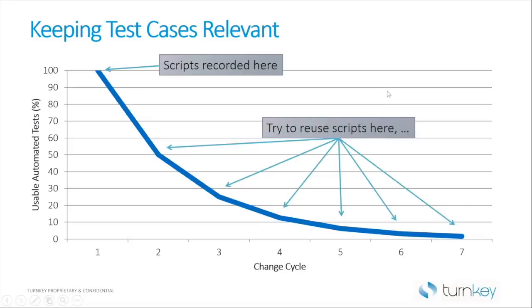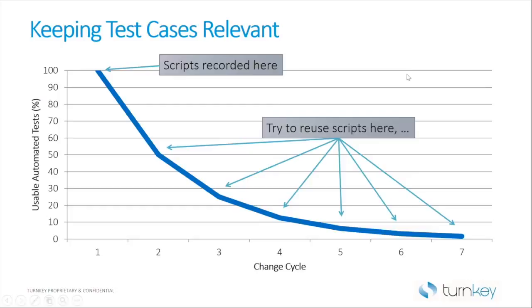Software maintenance cost estimates range from 50 to 75% of the overall software lifecycle cost. As the graph on this slide indicates, the usability of automated test cases rapidly decreases over time as an application changes, thus making maintenance of traditional record and playback automation test cases extremely time-consuming and costly.